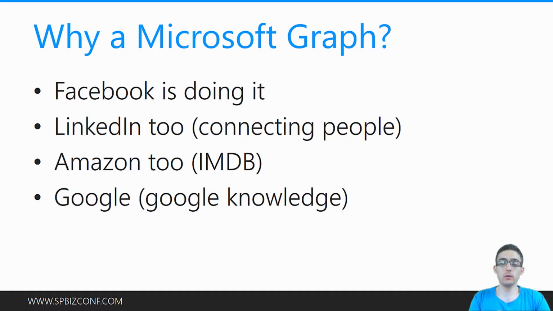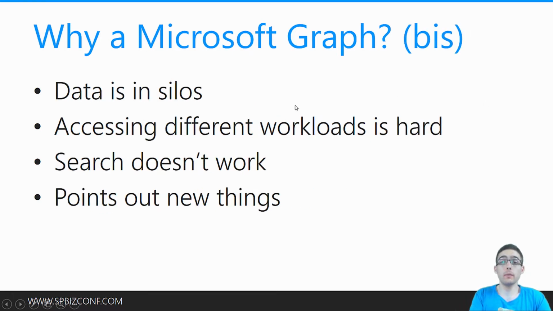Google is also working on a project called Google Knowledge in order to do clever knowledge-based management slash recommendation slash AI stuff like that. So all the other majors have been working on graphs recently. So that's one of the first reasons why Microsoft has been working on a Microsoft Graph and graph applications for Microsoft products.